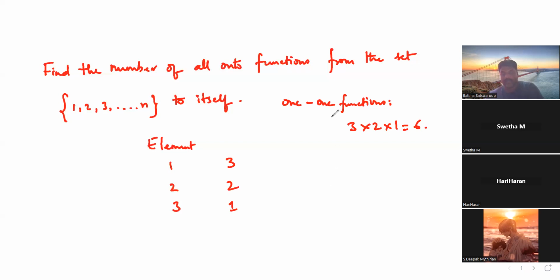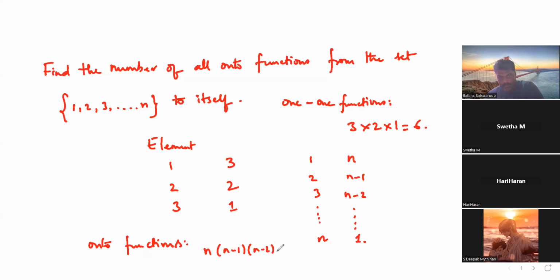Now here they have given 1, 2, 3 like that so on up to n. So the number of pairings will be n, n minus 1, n minus 2, like that so on up to 1. First case this is for 1 to 1. Now we are calculating for onto functions, so onto functions will be n into n minus 1 into n minus 2, and so on up to 1.